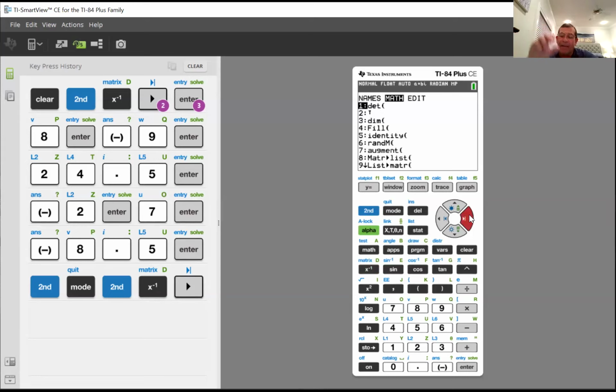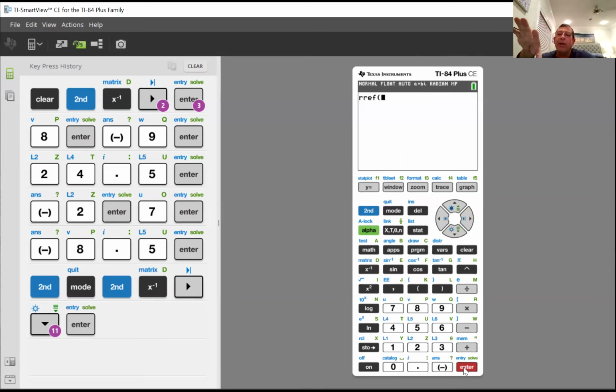And once we got math highlighted, you're going to scroll down until you find RREF. Now be careful, there's a REF and then a RREF. We want the RREF because that's reduced. So it'll reduce it all the way to the answers. So once you got that RREF highlighted, hit enter.